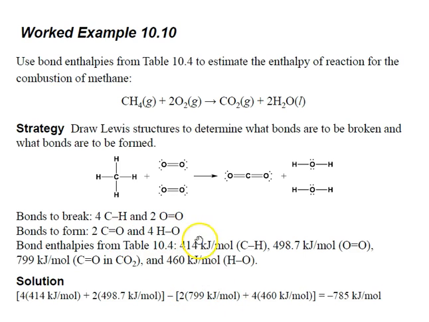And we have 4 hydrogen-oxygen single bonds. Now, notice this is reactants minus products. So it's backwards so that you can see this is what it costs to break and this is what it costs to make. And then you can find out, is it a net gain or a net loss?